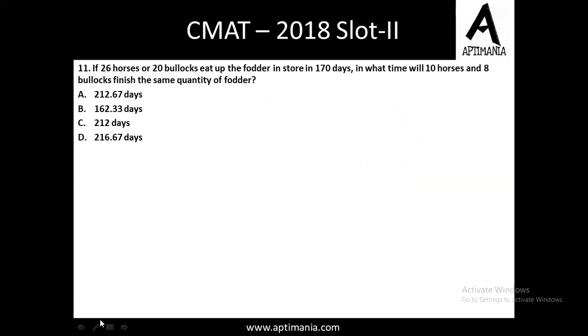It's a question from time and work. So let's try to solve it out. If 26 horses or 20 bullocks eat up the fodder stored in 170 days, from this statement we can see that the fodder eaten by 26 horses is equal to that of 20 bullocks. So on comparing, I'll get the value of B as 26 upon 20 H, which will be equal to 1.3H.